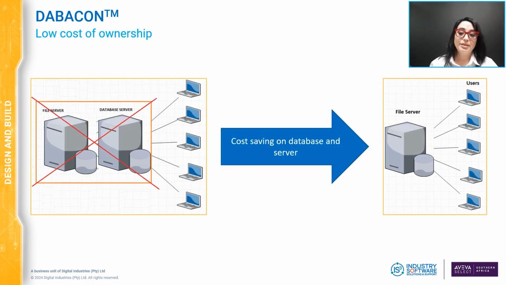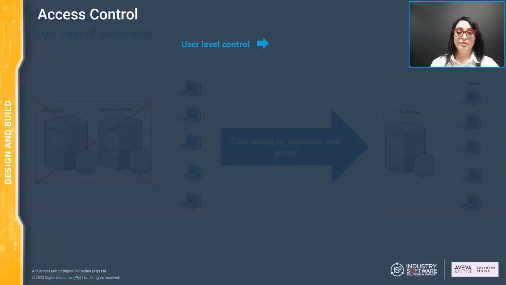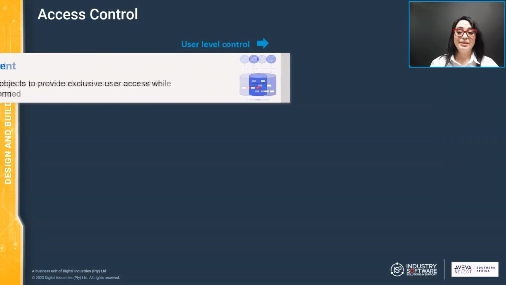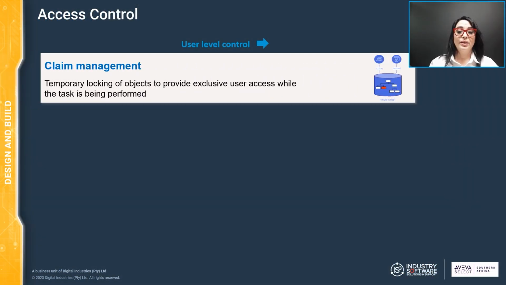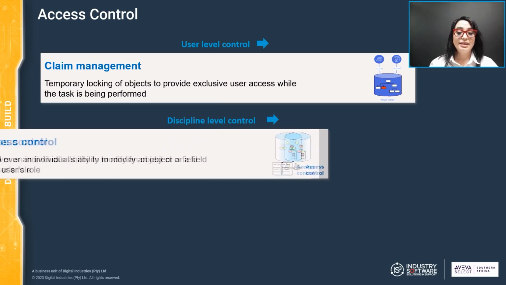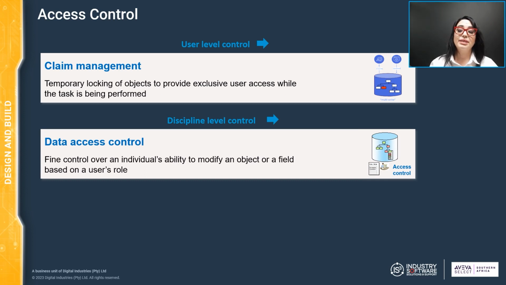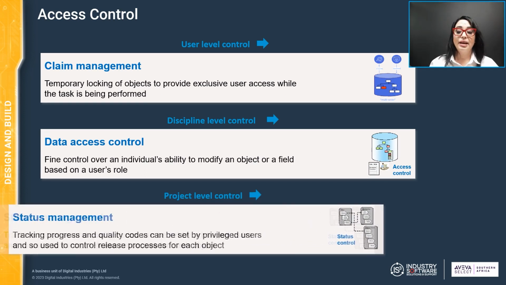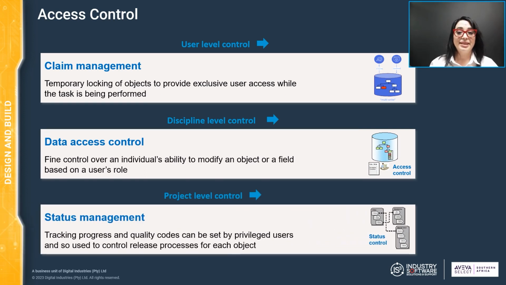Dabbercon enables us to have a low cost of ownership, as we no longer need to buy and own a physical database server. This also enables our access control, where we have user-level control through claim management, discipline-level control through data access control, and project-level control through status management.